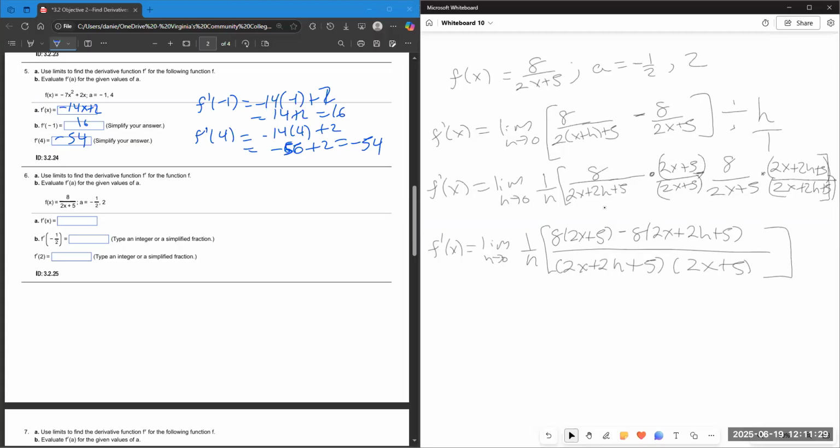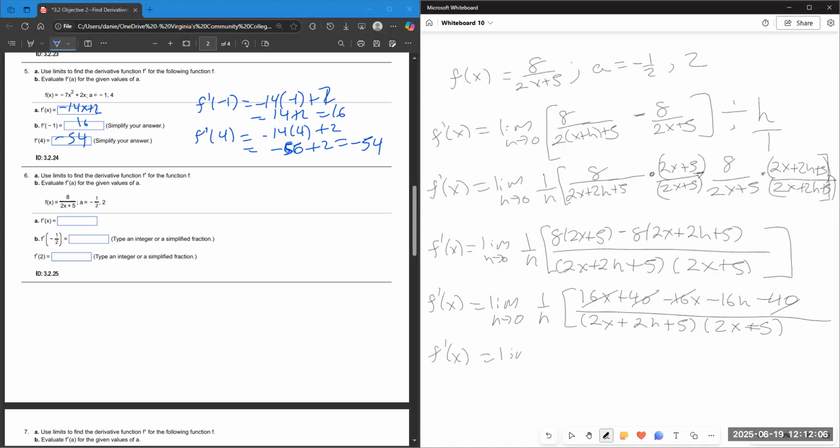Simplify that numerator. f prime of x is the limit as h goes to 0 of 1 over h times 16x plus 40 minus 16x minus 16h minus 40, over (2x plus 2h plus 5)(2x plus 5). f prime of x is the limit as h goes to 0 of 1 over h times negative 16h over (2x plus 2h plus 5)(2x plus 5).